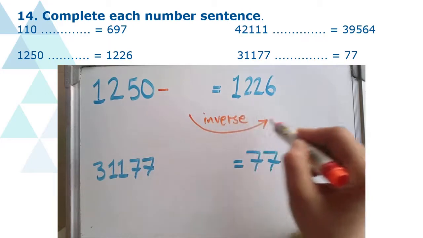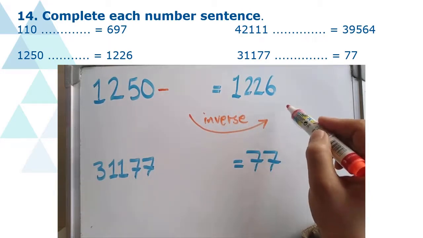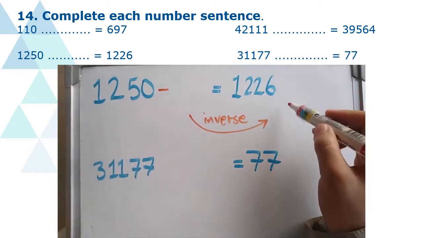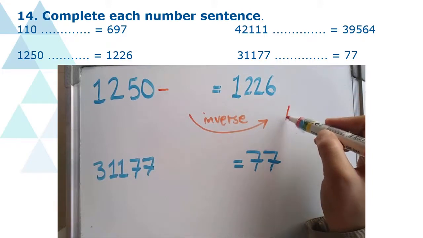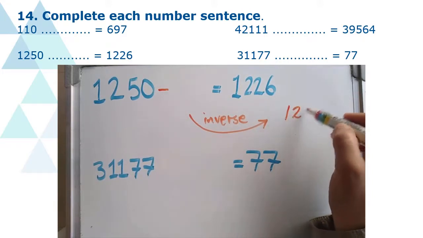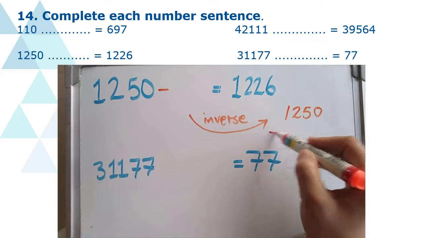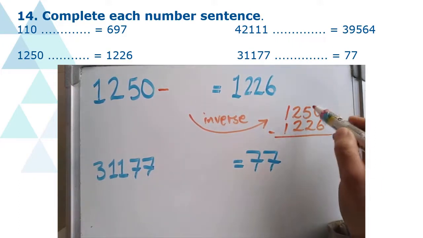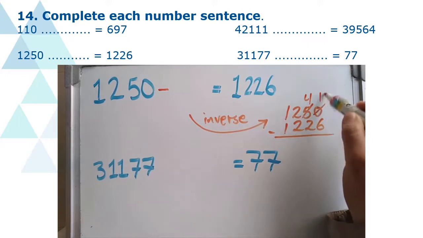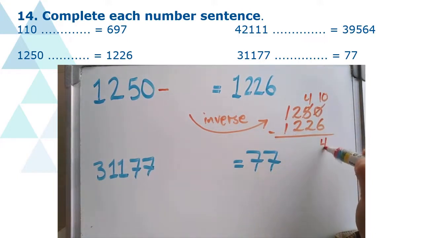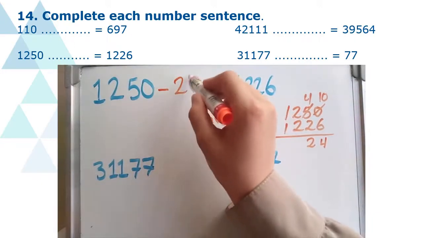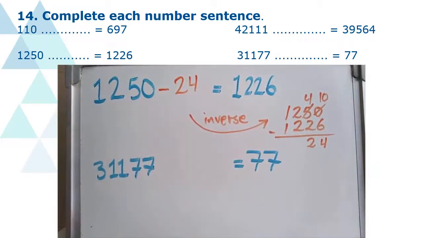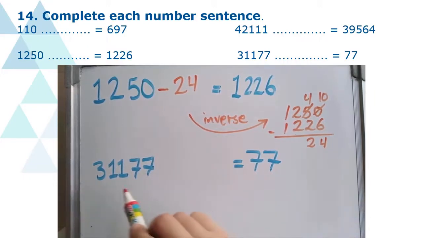Let us apply the inverse by subtracting 1,250 minus 1,226. Ten minus 6 is 4, 4 minus 2 is 2, and 2 minus 2 and 1 minus 1 are both zeros. So, subtracting 24 is the answer.